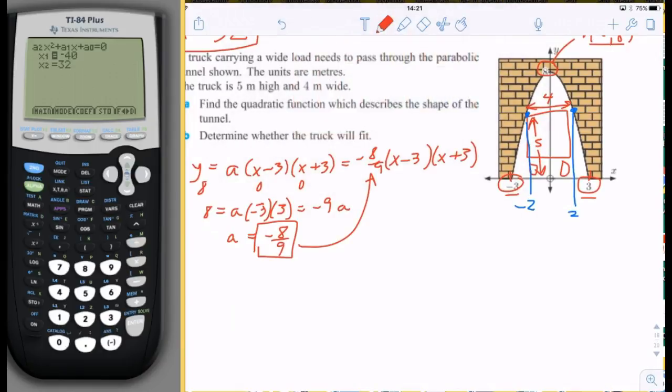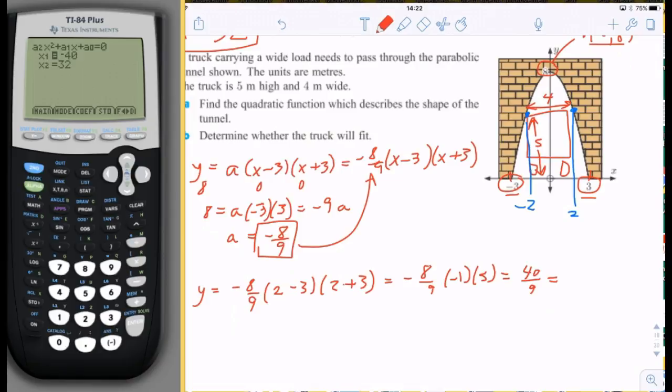If we get at least 5, then we're okay. So we're going to say, what's the y value when x is 2 or -2, which will be the same value. So here we have -8/9 times -1 times 5, which is equal to 40 divided by 9, positive.